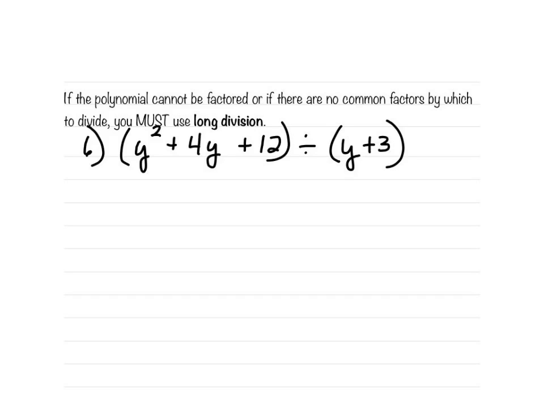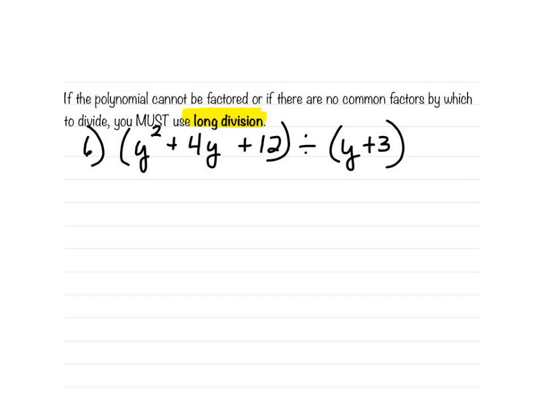Now, it's not always that easy to divide polynomials by binomials, because sometimes there are no common factors. When there are no common factors by which you can divide, then we have to use the process of long division.